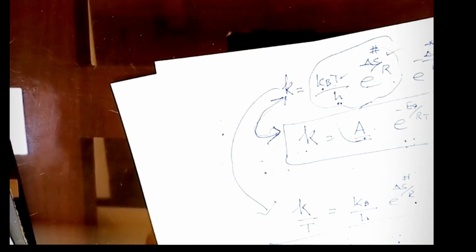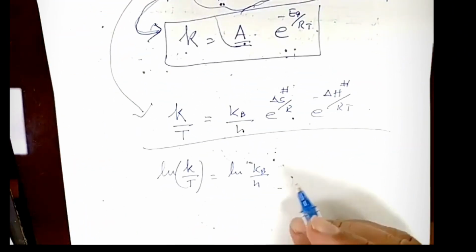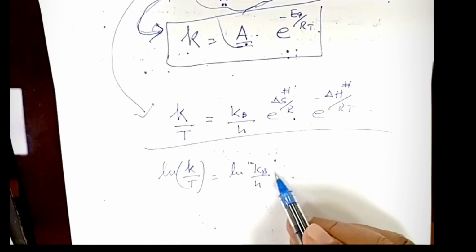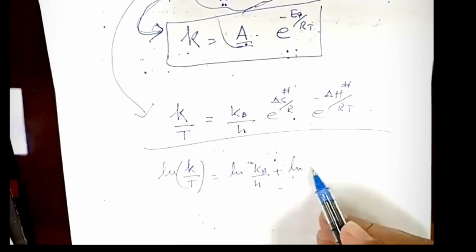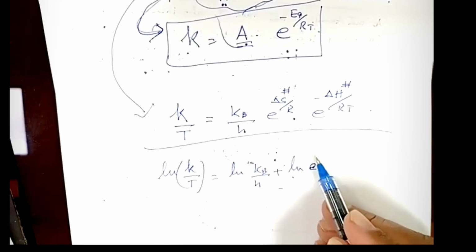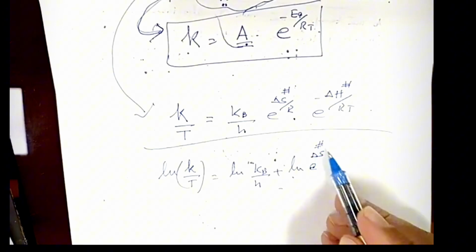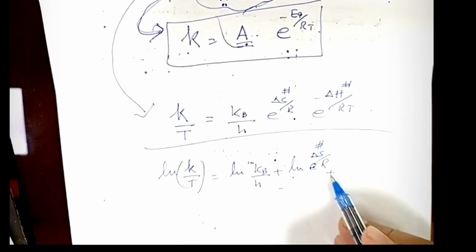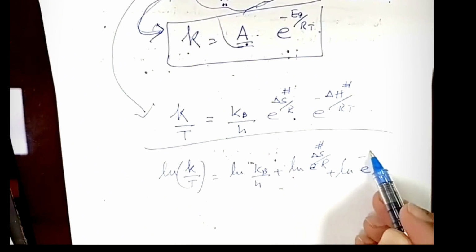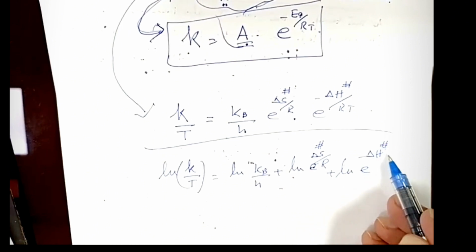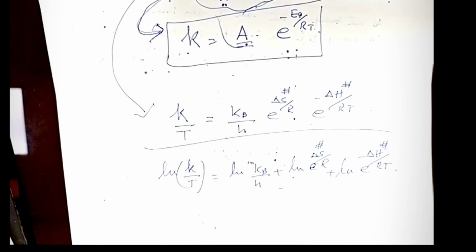If I will take the logarithm of this equation, log of k over t will be equal to log of kb over h, e raised to the power delta s over r plus log of e raised to the power minus delta h over RT.